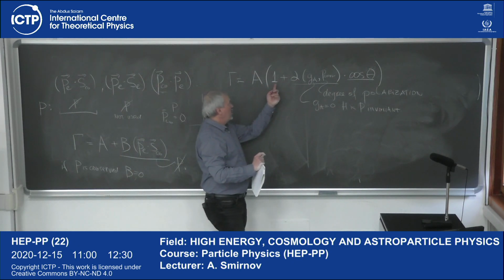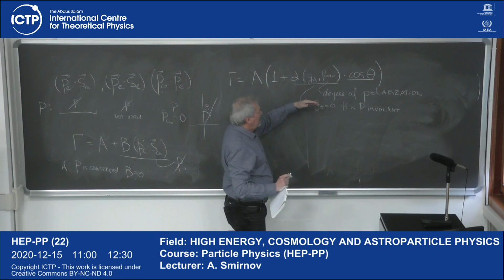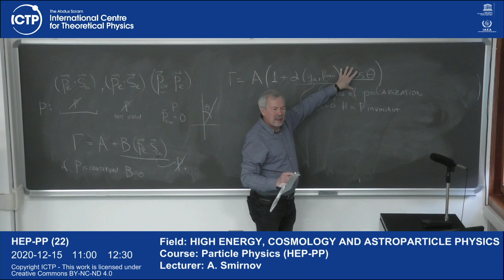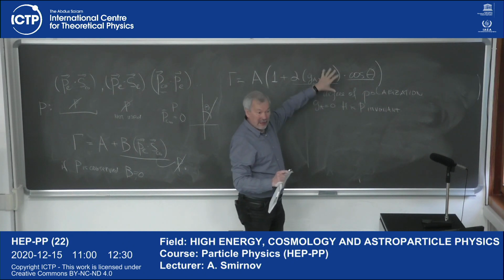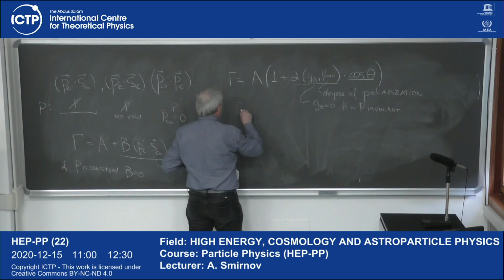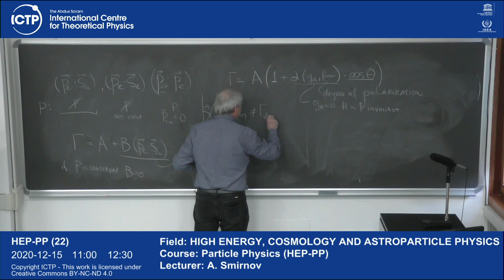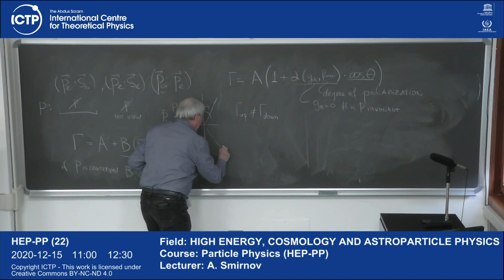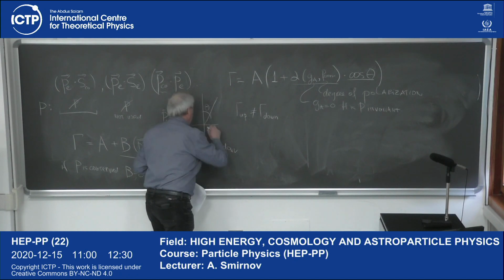So, which means that for up direction, you will have one sign of this term, and for another direction, you have another sign. And therefore, gamma up will not be equal to gamma down. So that's down. And this is nothing but pi minus theta.